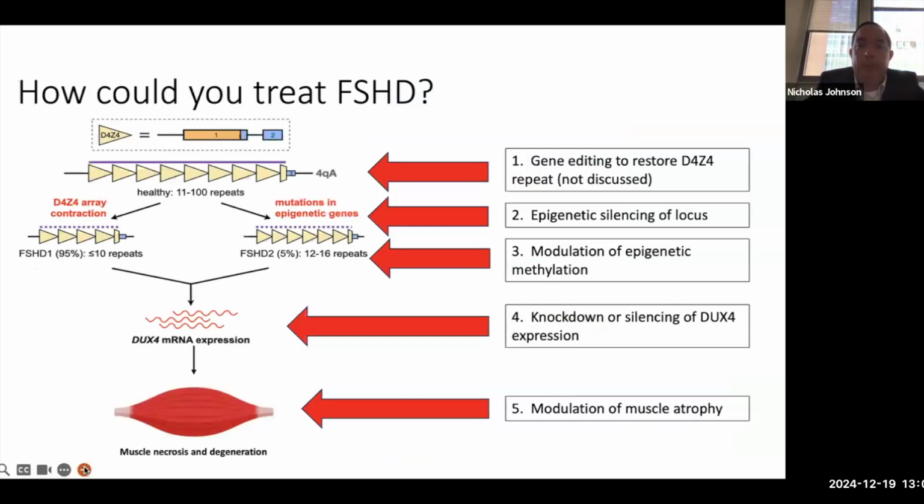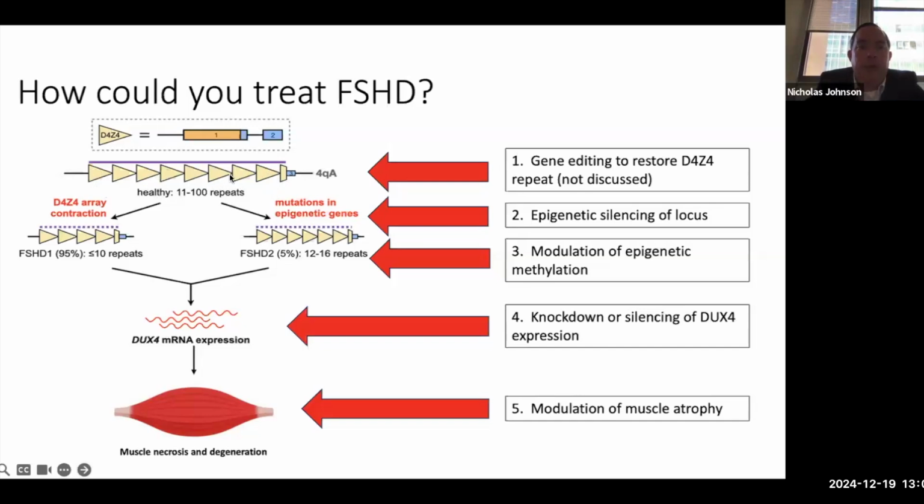So here's basically our overview of our webinar today. On the left, you can see the genetics of FSHD. As you may recall, you're supposed to have over 11 of these D4Z4 repeats. And when you do that, this gene here is silenced, and DUX4 is not expressed.